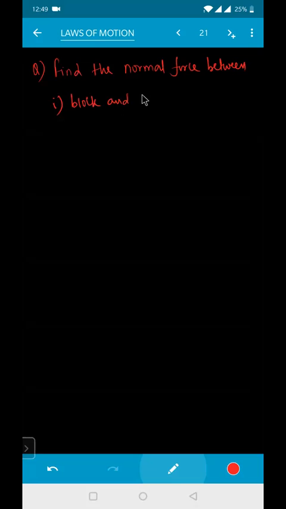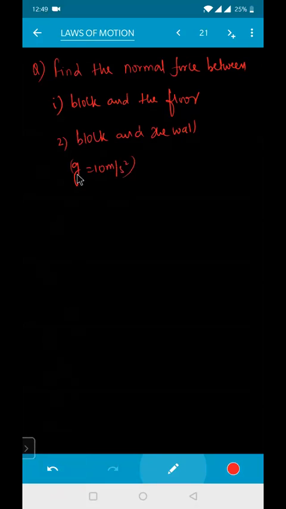Block and the floor. Number two, block and the wall. Block and the wall. And the third one is, okay, you take only these two and take the G value to be equal to 10 meter per second square. Okay, the diagram is given something like this.